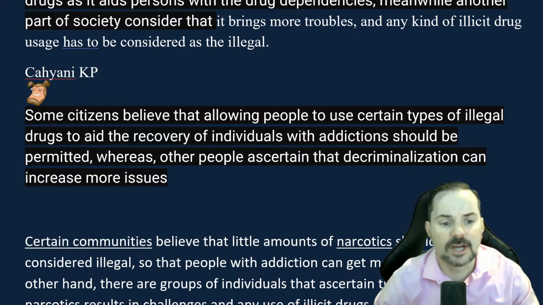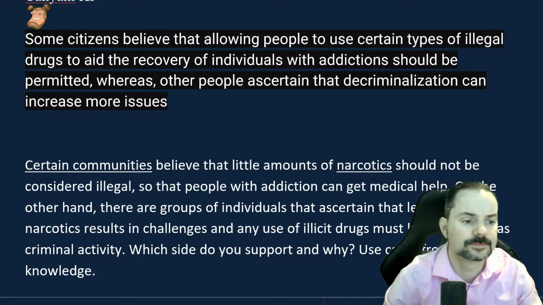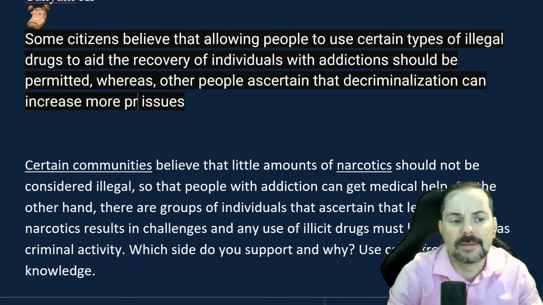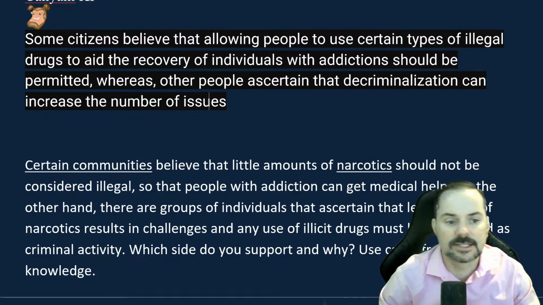Whereas other people ascertain that decriminalization can increase more problematic. Increase the number of issues in society.